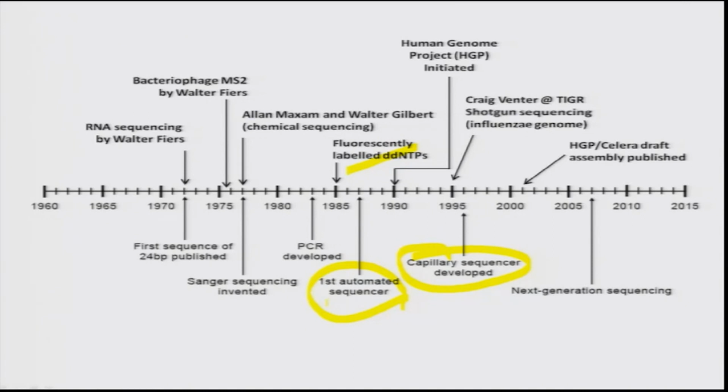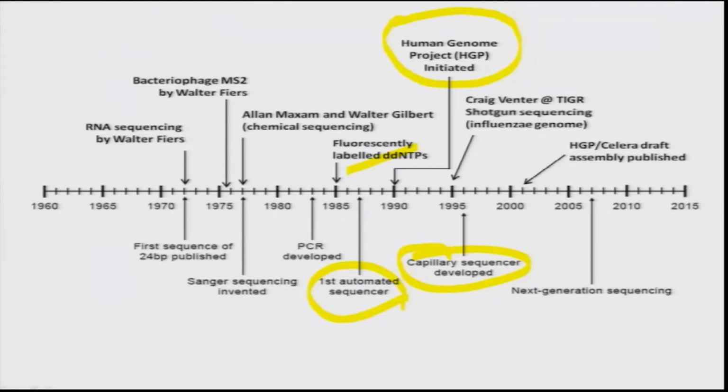But it is not only the chemistry of sequencing that has changed, even how you prepare the DNA and how you analyze the sequence over time to get the sequence assembly, that has changed. So, the Human Genome Project used a different way of getting small segments of DNA for sequencing and how to analyze it.